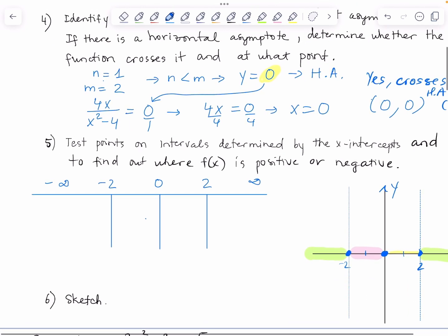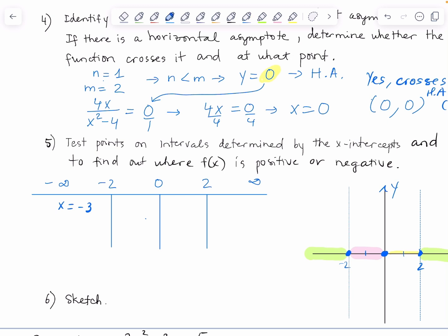And we are going to pick the values within each interval. So from -infinity to -2, just pick any random number in that range. I'm just going to pick x is equal to -3. Now I want to know if I plug into the function, will I get a positive answer or a negative answer?